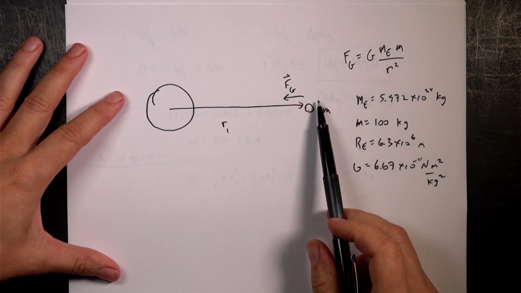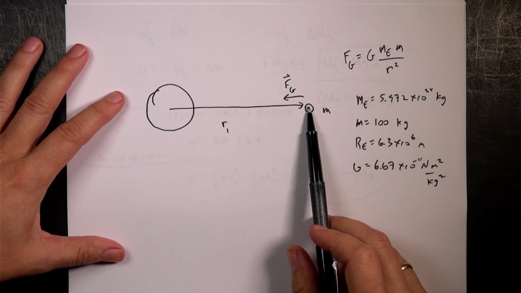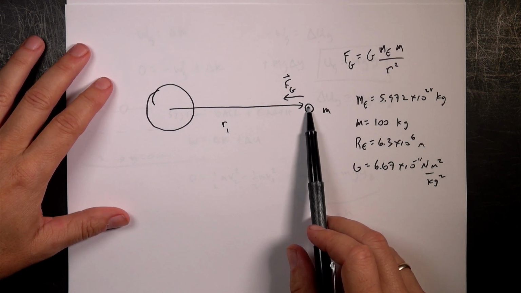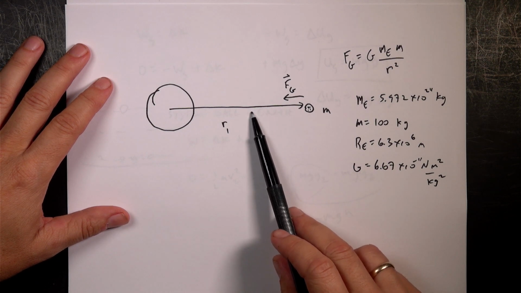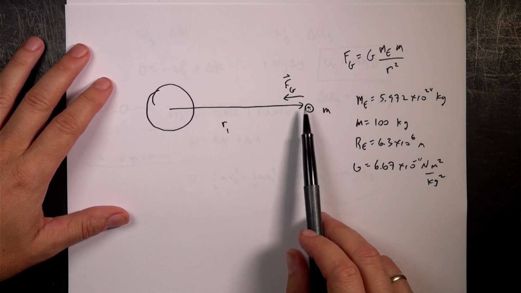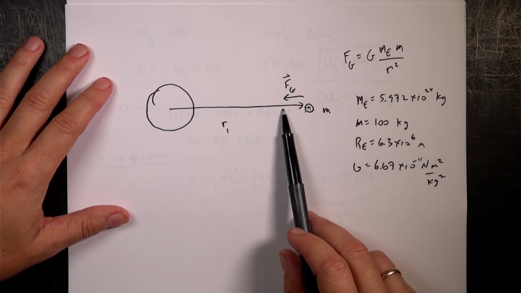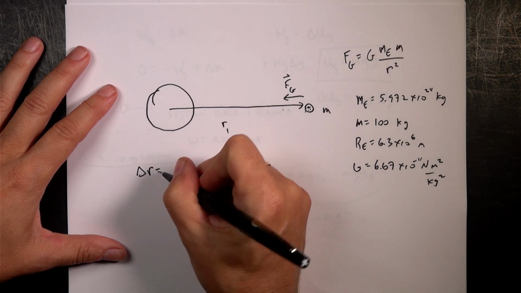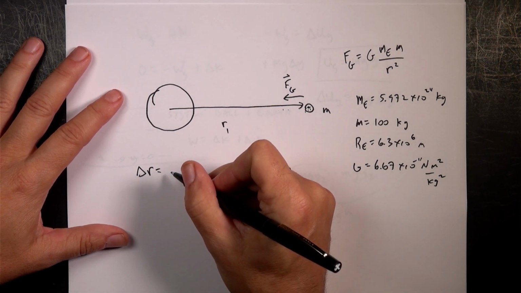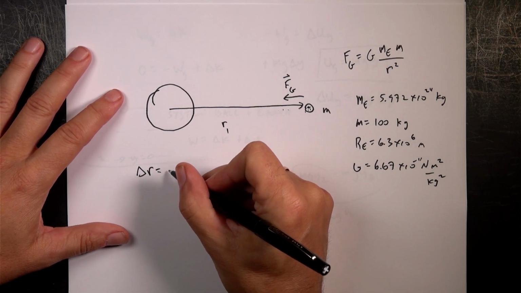So I can calculate the gravitational force. And here's what I'm going to do. I'm going to break this into small parts, small steps. And over each one of these steps, I want to assume that the gravitational force is constant. So let's say delta r is going to be equal to, I'm going to pick some value, 100 meters.